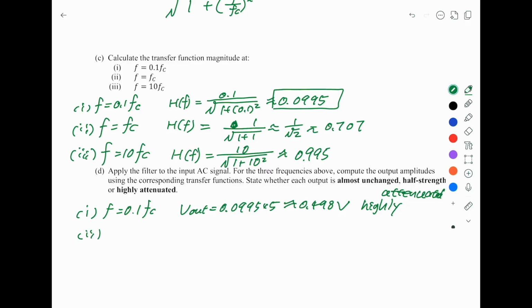Number 2, when the frequency equals the cutoff frequency, your output this time is again 0.707 times 5, and we call this one half power.